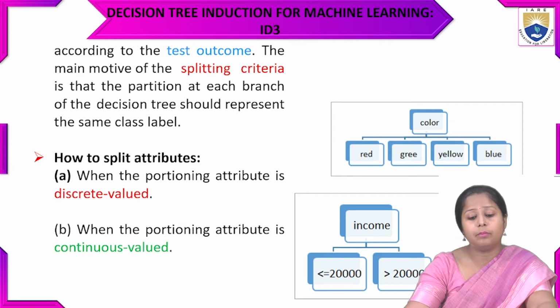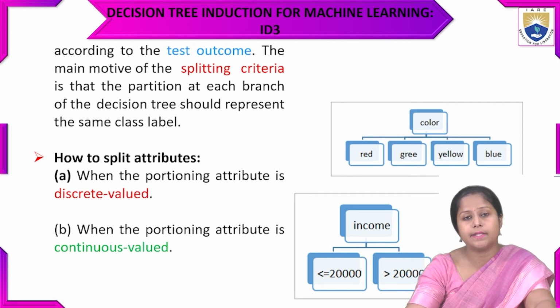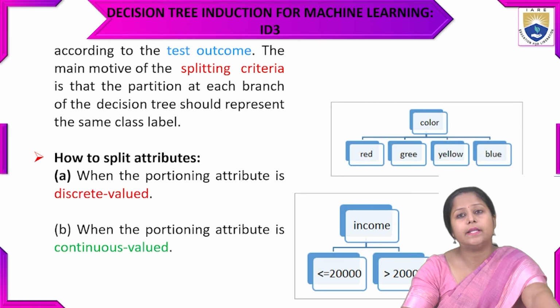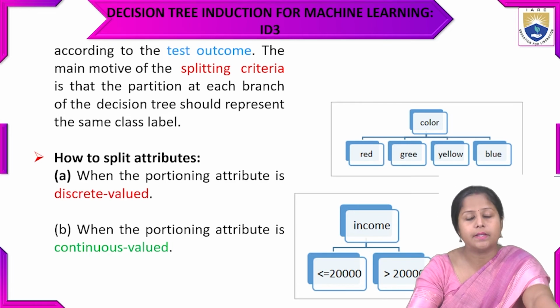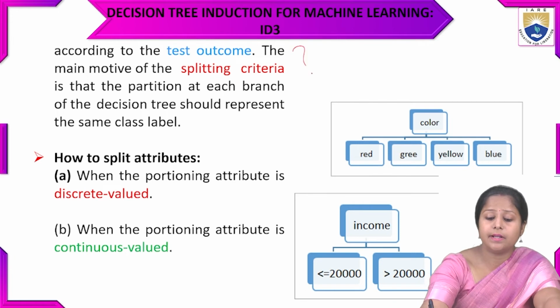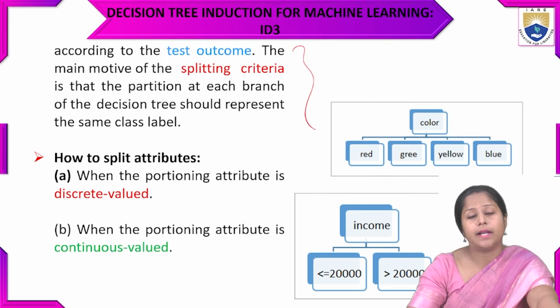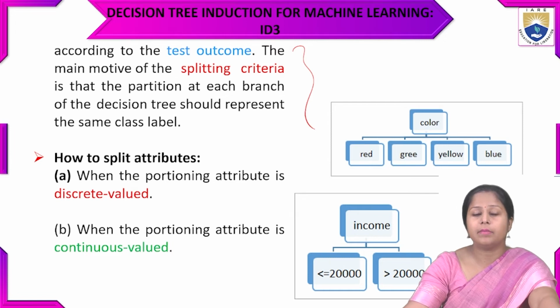The main motive of the splitting criteria is that the partition of each branch of the decision tree should represent the same class level, so that the same type of attributes are in the same partition.